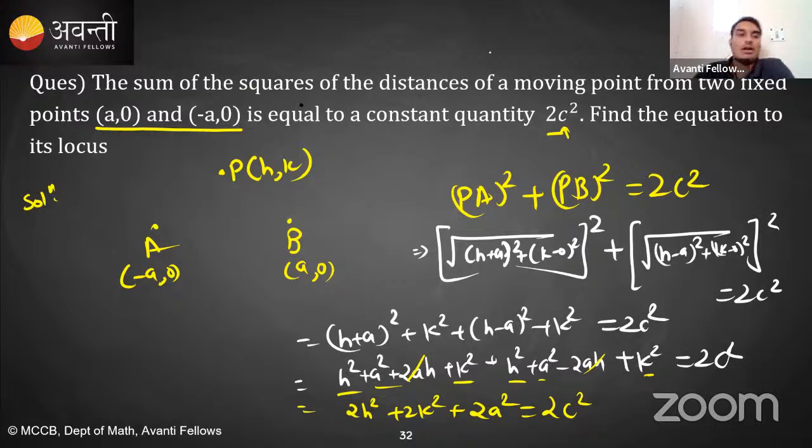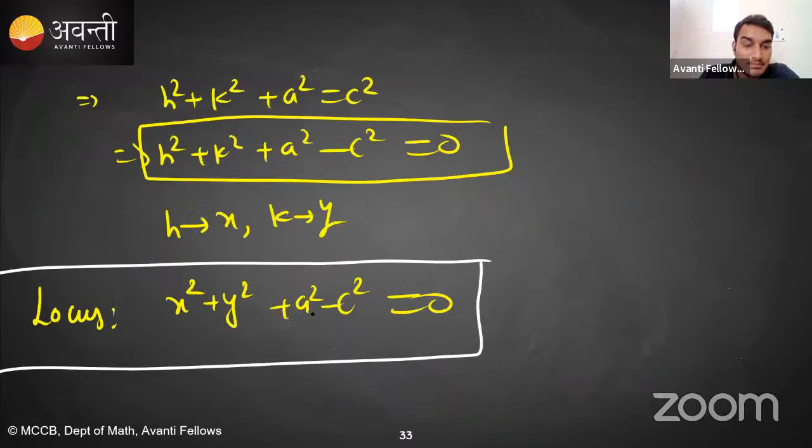Did you understand how we started this question, right? The conditions were given. Whatever condition is given, use it and try to form a mathematical equation. After that replace your h with x and k with y. So it means this point, this is some curve, some curve will be coming. If you take any point on this curve, it will satisfy the curve.